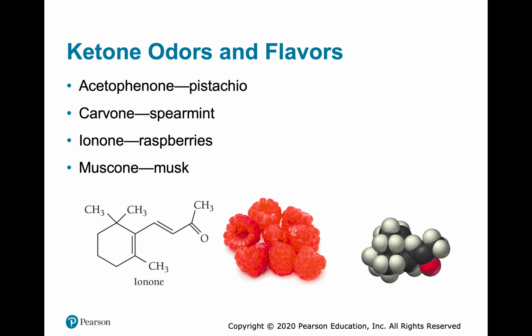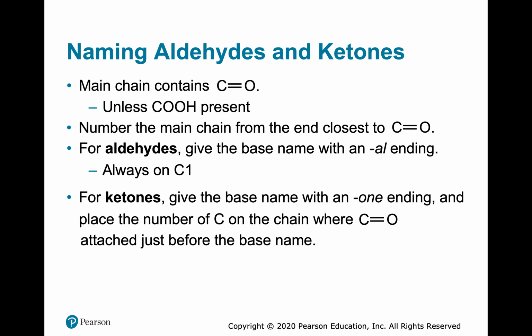Other ones, so acetophenone is pistachio, carvone is spearmint, peppermint's different, that's methyl salicylate, so that's an ester. Ionone is raspberries, and muscone is musk. So naming them, I already mentioned that as well, has to have the C double bond O, except for the carboxylic acid.